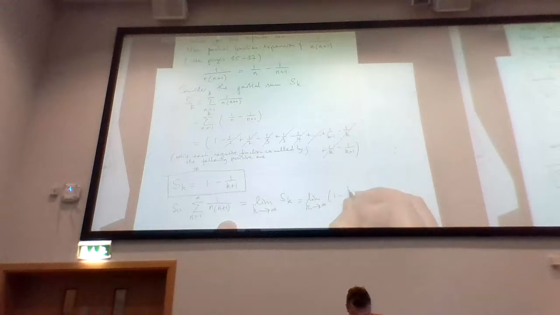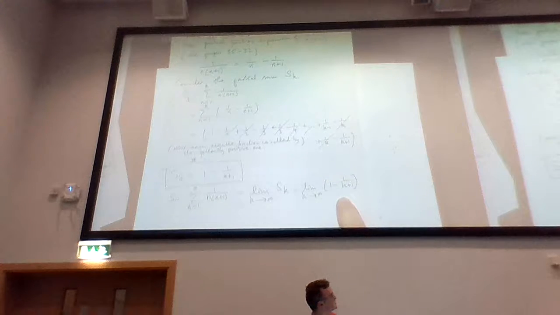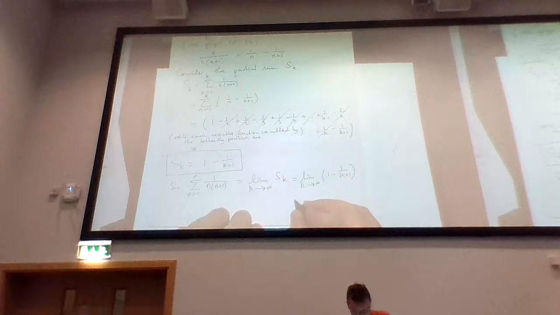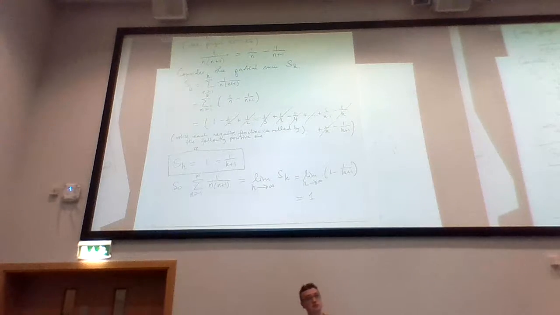Our partial sums here are very well behaved. We've got a very clean, simple expression for them: 1 minus 1 over k plus 1. We can tell immediately that that is a convergent sequence, and indeed we know its precise value is 1. The 1 over k plus 1 bit is converging to 0.